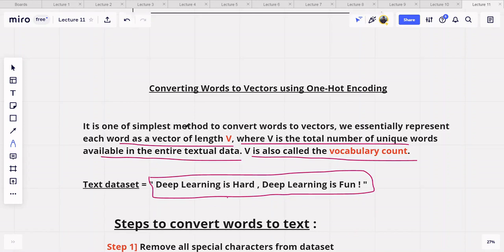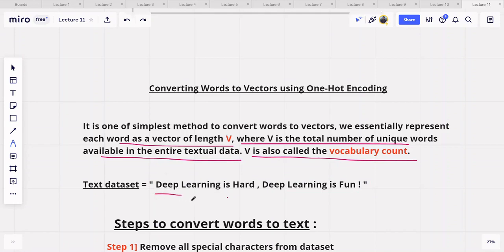But just to keep the matter simple and to understand things clearly, assume that these two sentences, deep learning is hard and deep learning is fun, are our entire data set. Then we will aim to convert each unique word in these sentences to have a numerical value or a vector value.